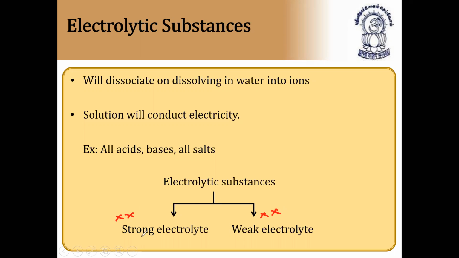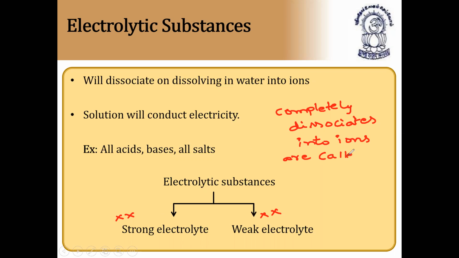The electrolyte which, when dissolved in water, completely dissociates into ions is called a strong electrolyte. Those that completely dissociate into ions are called strong electrolytes.